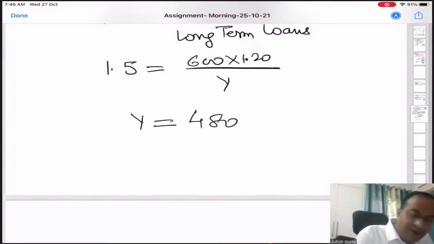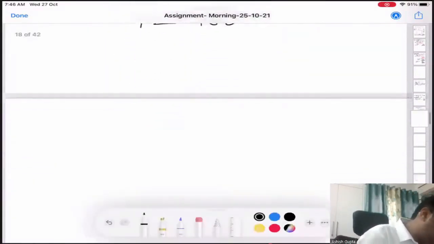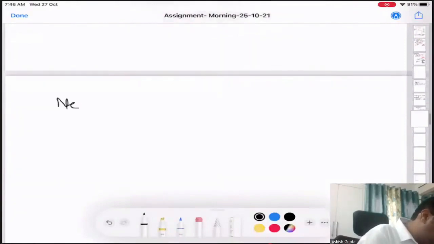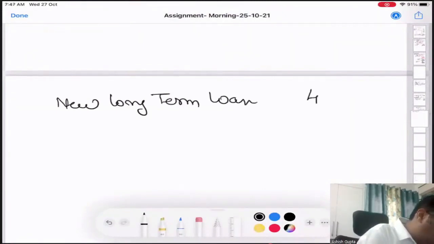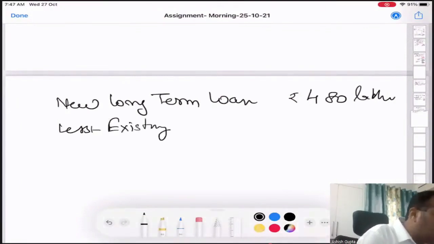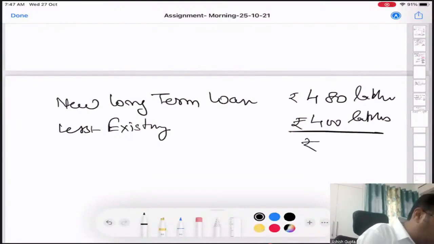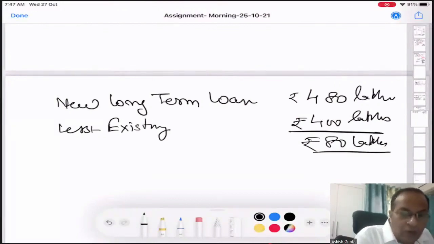So the answer is 480. Okay, beta. So the additional amount that we can raise is 80.